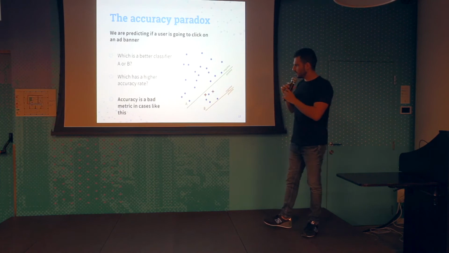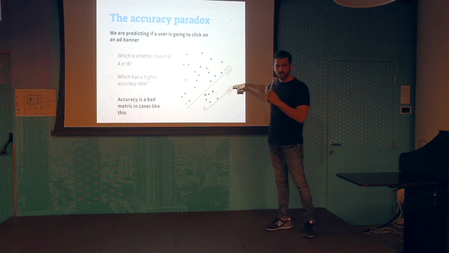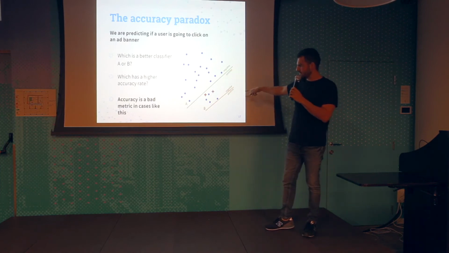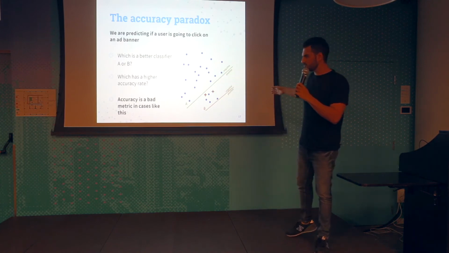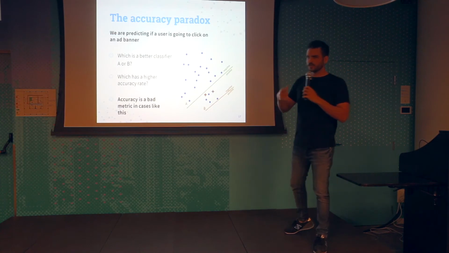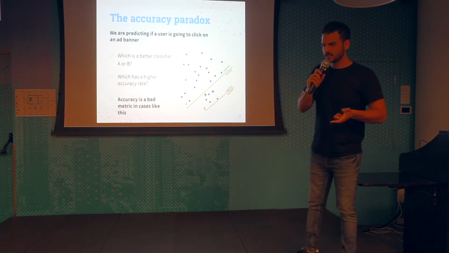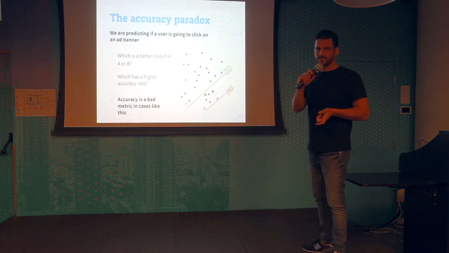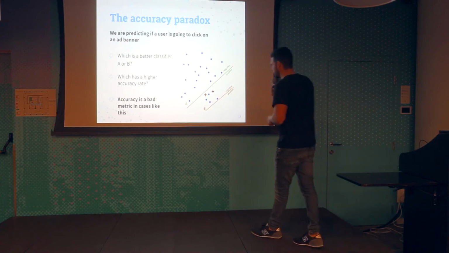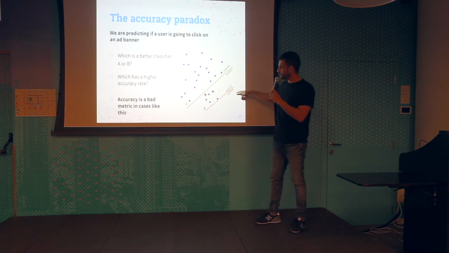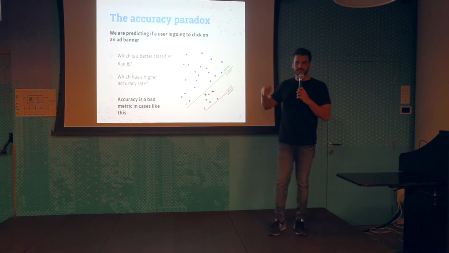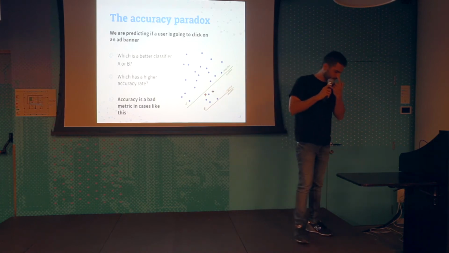B just returns negative all the time, because left of the line it's negative, right of the line it's positive. But you're going to be surprised that B has a higher accuracy rate than A, because A misclassifies 4 points and B only misclassifies 2. And this is why accuracy is not a good measure.